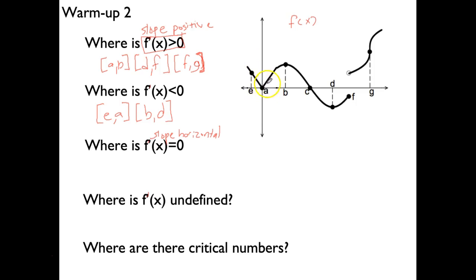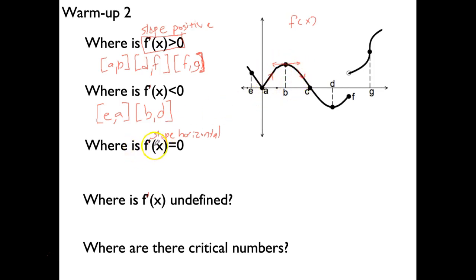Then it just immediately switches to positive. And then notice right here, the slope evens out, where it switches from increasing to decreasing. You have to have a slope of 0 because you went from positives to negatives. In order to go from positive to negatives, you have to go through 0. So this right here is a horizontal slope.